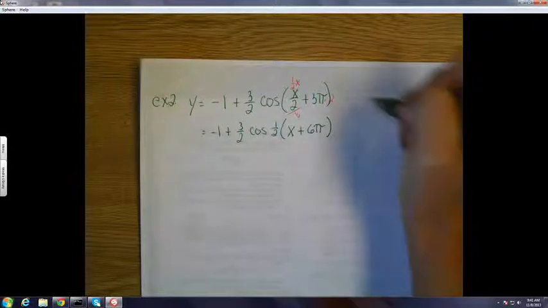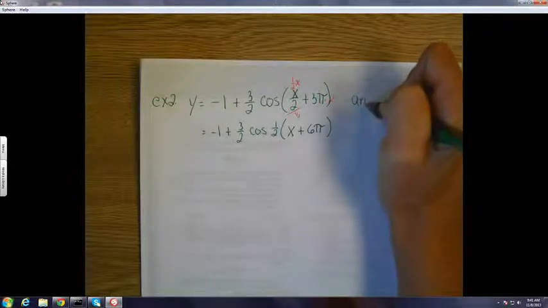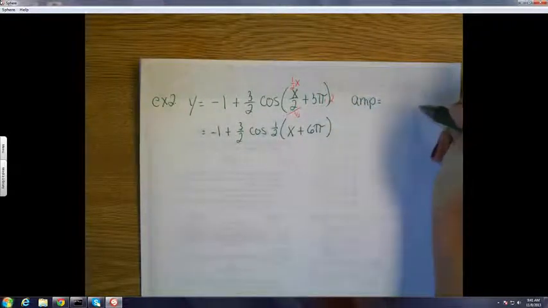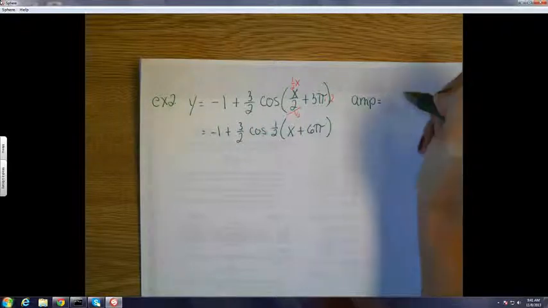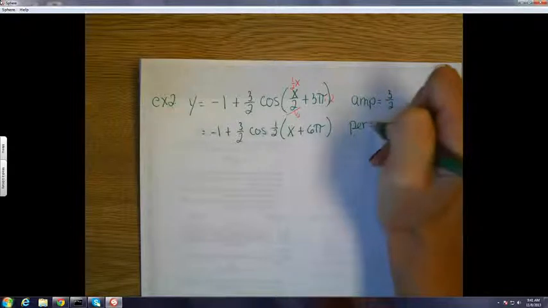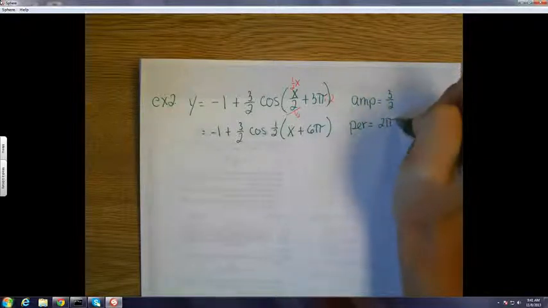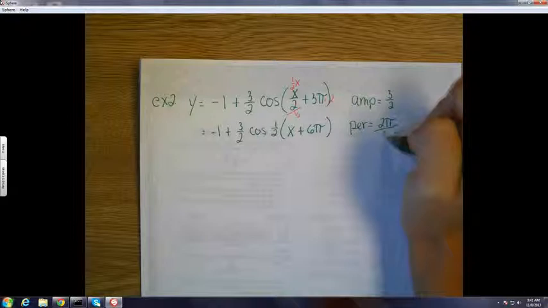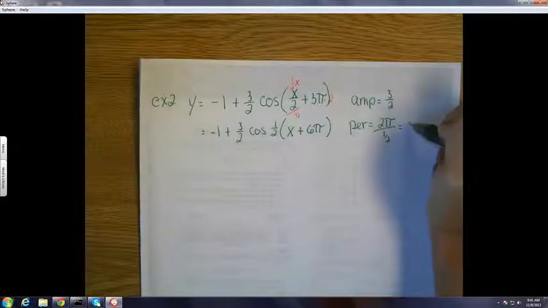Okay, amplitude: 3/2. Period: 2 pi divided by a half is 4 pi.